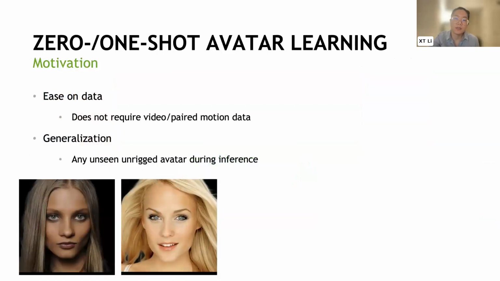So now let's consider some more challenging but practical applications where we don't have videos or paired motion data for training or testing. For example, what if we only have access to a single view portrait photo instead of a multi-view video of a person, but we still want to animate the person in the photo?